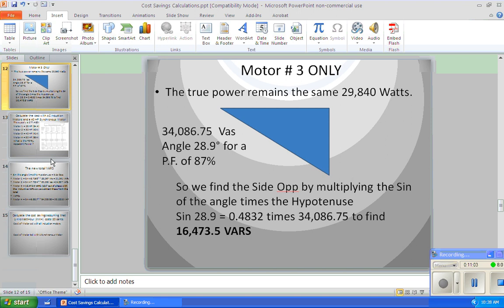So we want to find the VAR. We find the side opposite by multiplying the sine of the angle times the hypotenuse. The sine of this angle is about 0.4832, so we're going to multiply that times the apparent power, 34,086.75, to find that our VARs are 16,473 VARs.